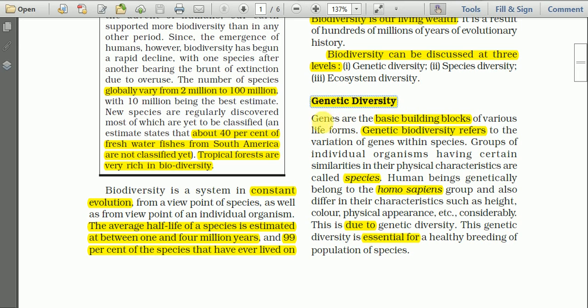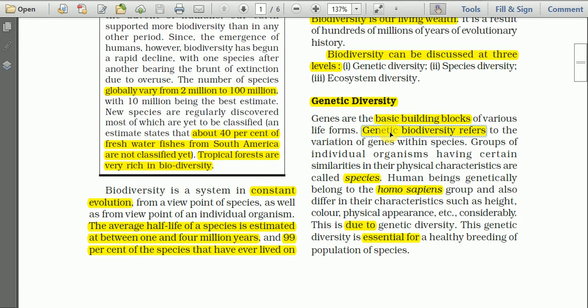Genes are the basic building blocks of various life forms.